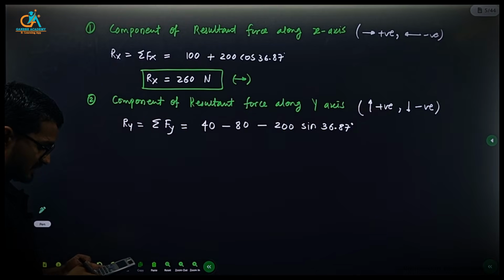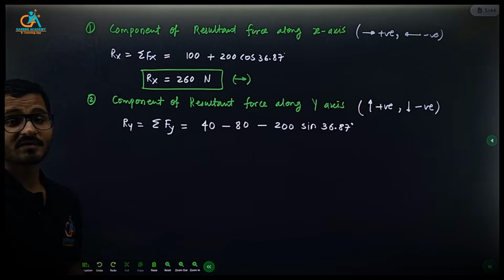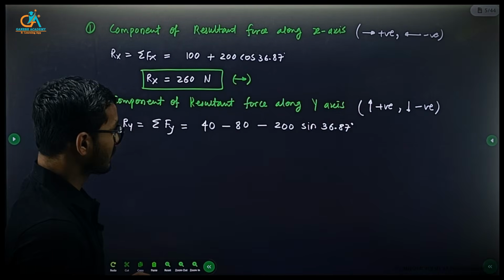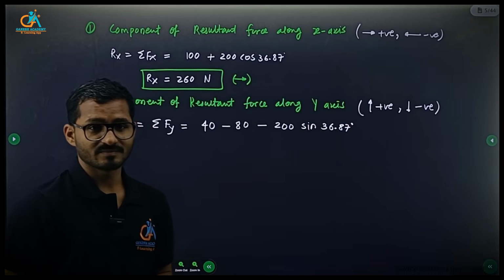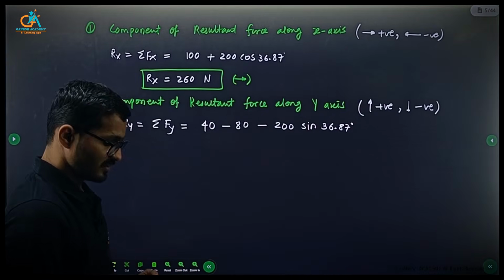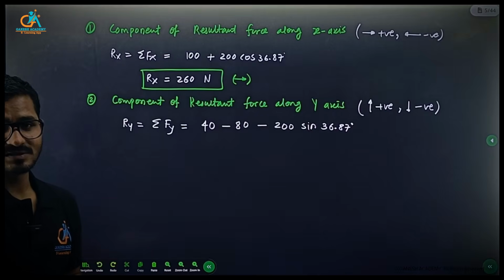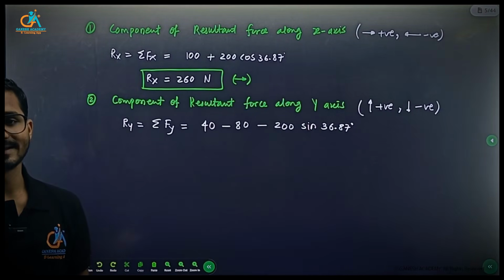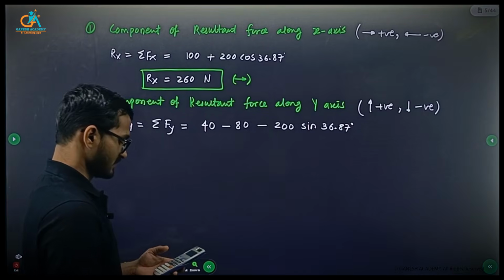Let's find the answer. And one more thing, always make sure that your calculator is in degree mode. Many of the students make that silly mistake. If it is in radian mode and you are substituting your value of angle in degrees, obviously you will get the wrong answer.